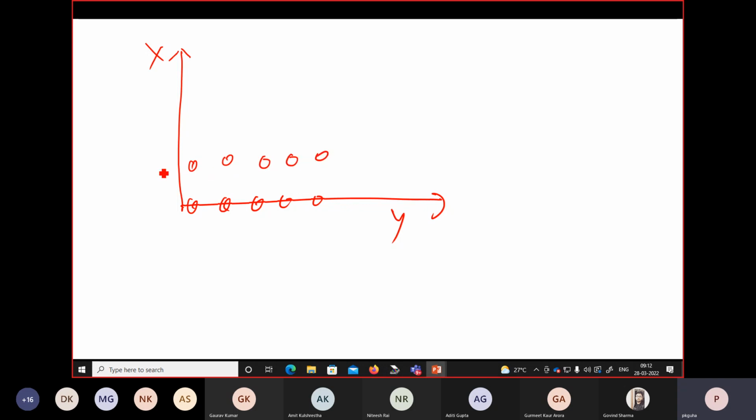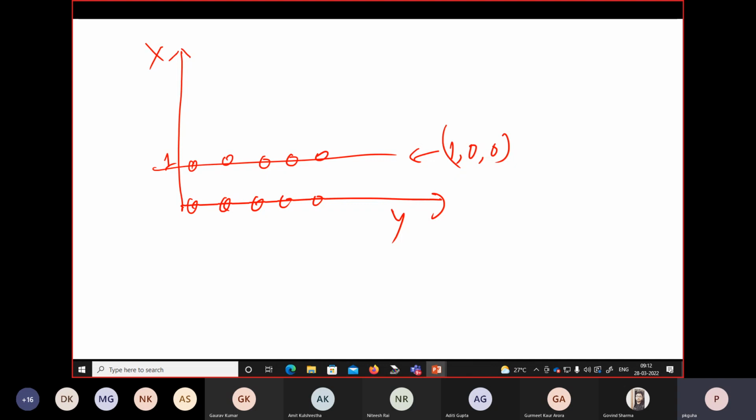For example, say this is my x and y, and say these are lattice points. Say this is 1, x equal to 1. So this particular plane has Miller indices 1 0 0, right?